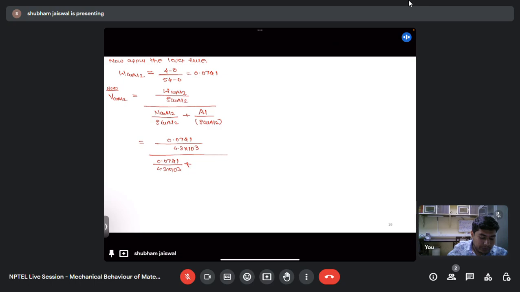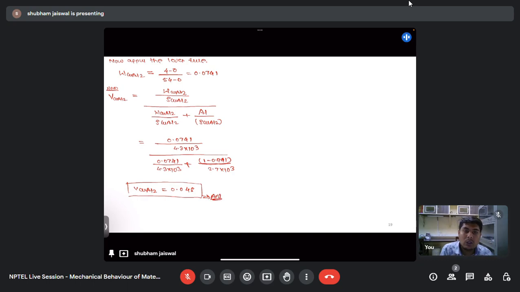Now we need to find out the weight fraction of aluminium. It is nothing but 1 minus that of the CuAl2, divided by the density, which is 2.7 into 10 to the power 3. So we'll get the volume fraction of CuAl2 as 0.048. So this is our answer.